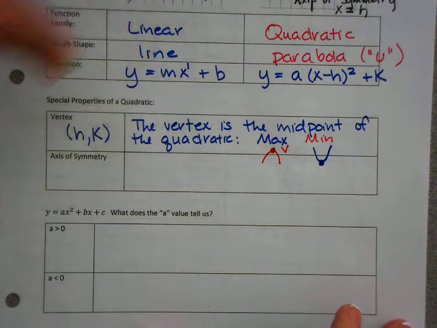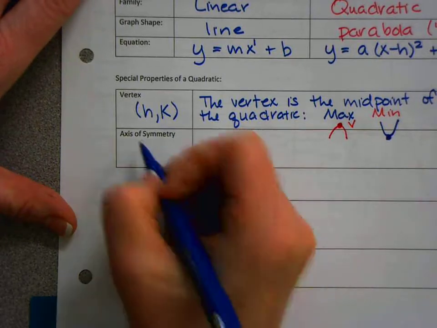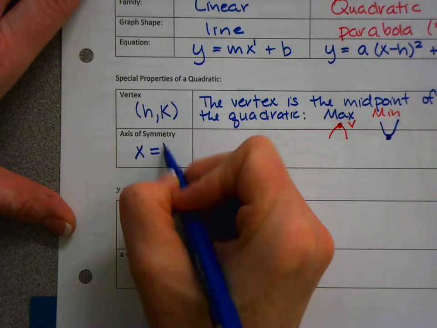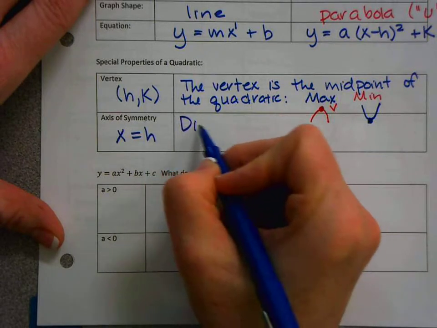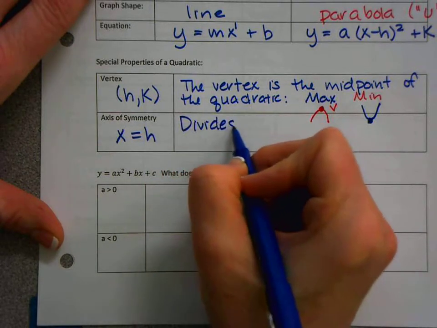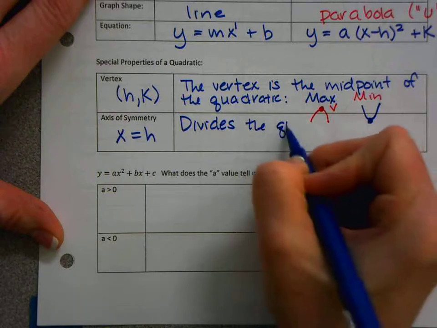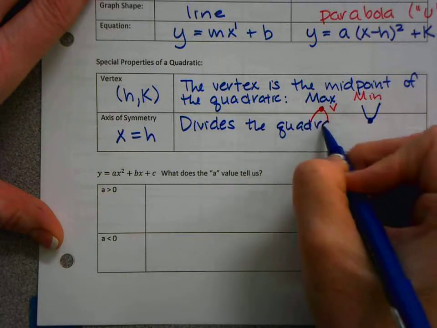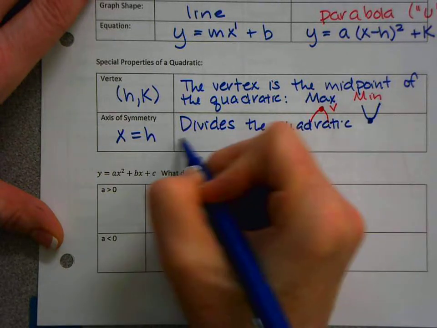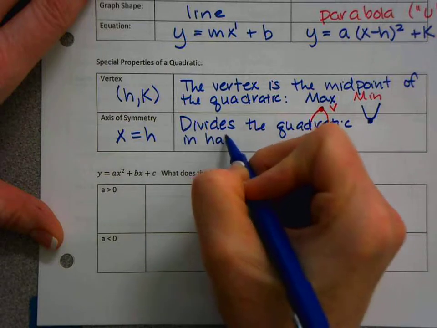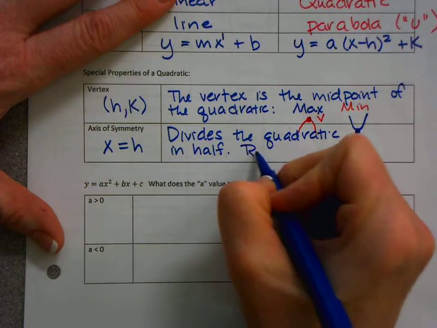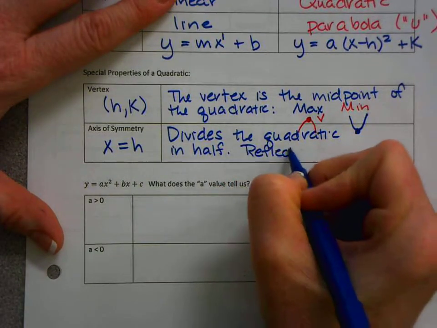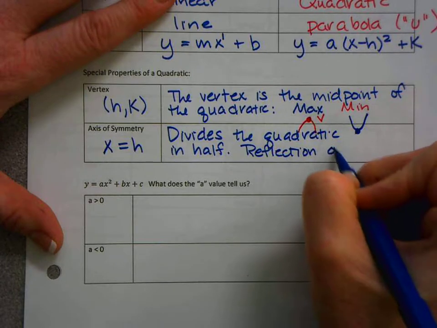The axis of symmetry has the equation x equals h, and it divides the quadratic in half. There's perfect symmetry. It reflects like a mirror. There is reflection over the line x equals h.